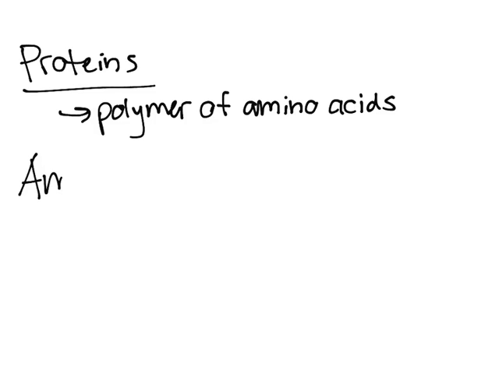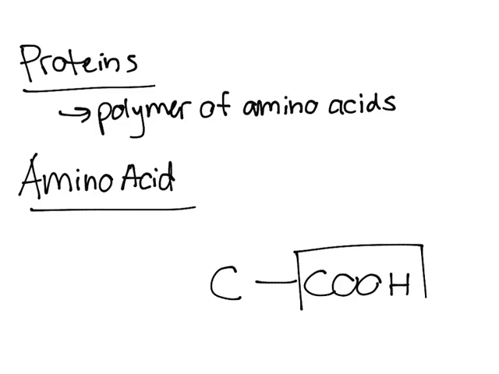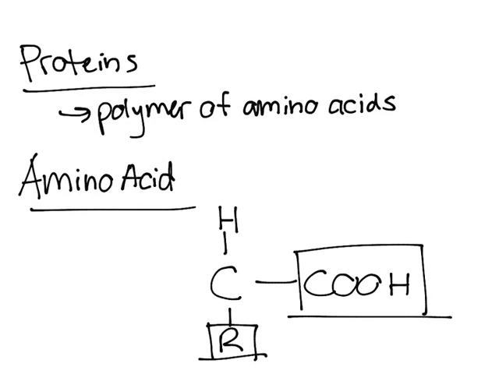Well, an amino acid is a molecule with one carbon, a COOH, carboxylic acid group, attached to it, an R group, a hydrogen, and then an NH2 attached to it.